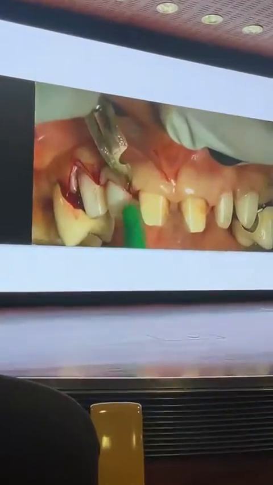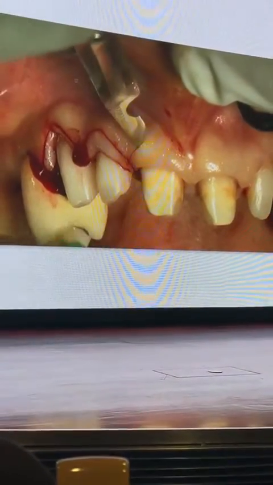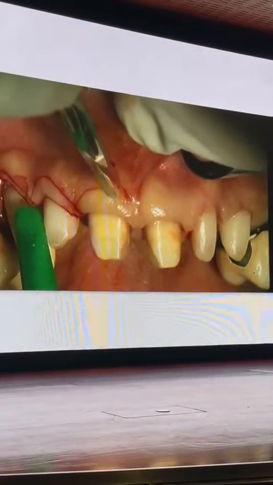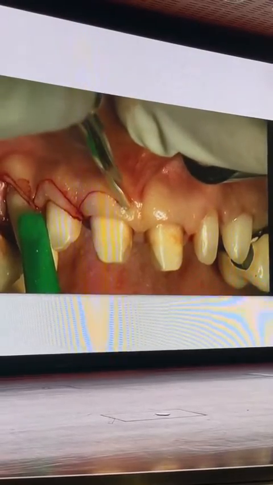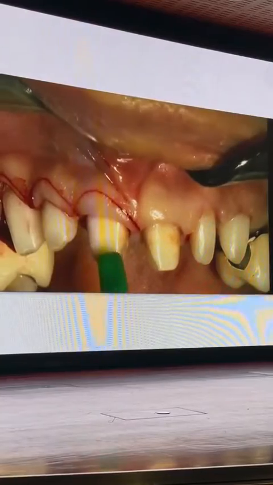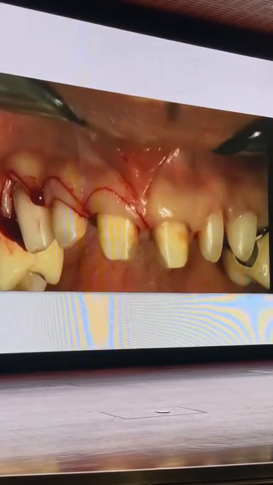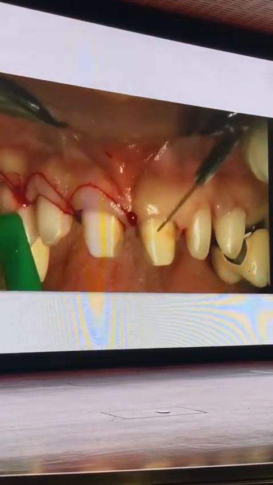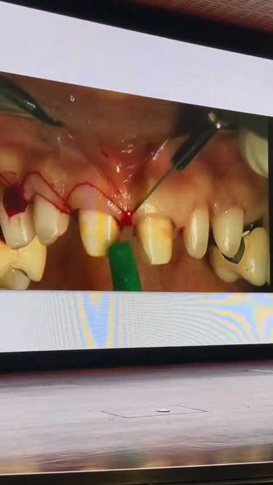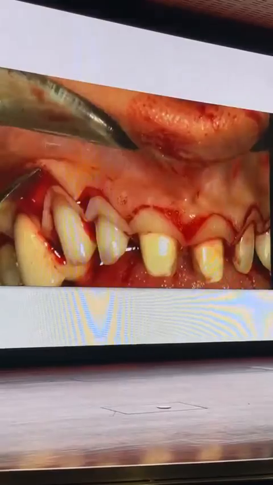We all know that the mucogingival surgery is a critical part also of the resective surgery, so we have to anticipate our surgical incision line in relation to the final position of the bone crest that we already have in our mind, according to the aesthetic planning that our restorative dentist did.